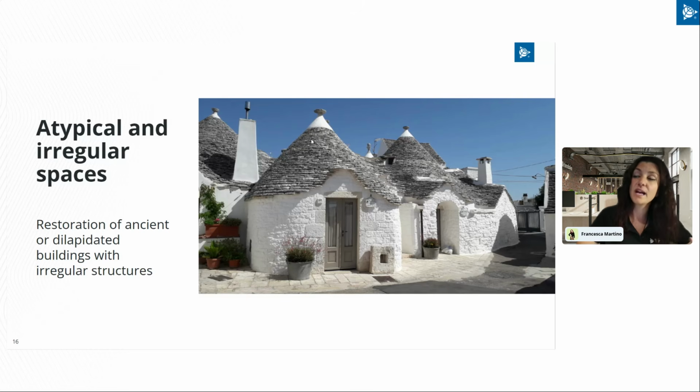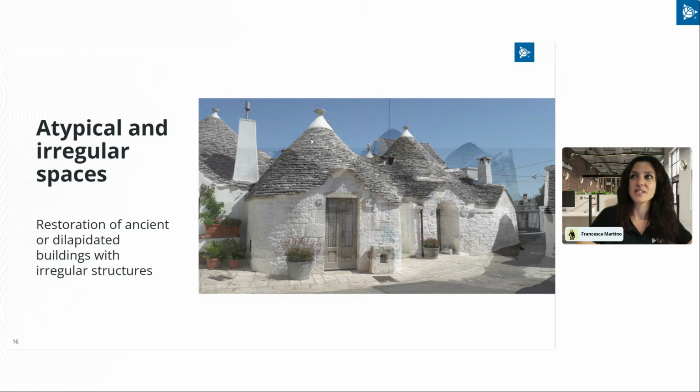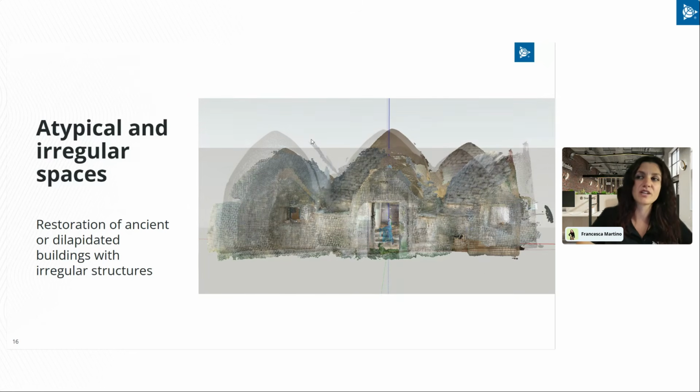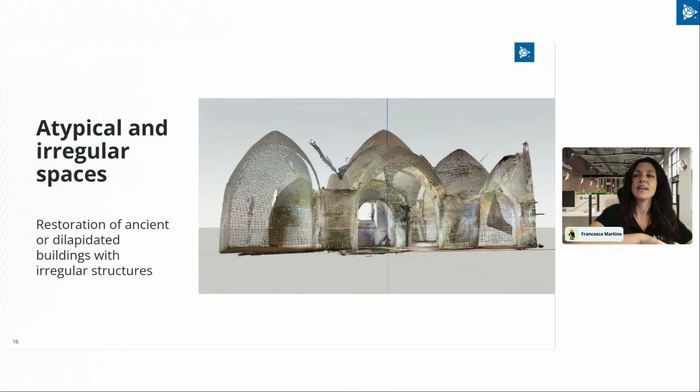They're very beautiful, and nowadays architects actually work on the renovation of them. However, as you can imagine, they're super hard to study because they're very irregular. There's nothing that is straight. Therefore, the use of point clouds could be super handy to have all the different information of each spot of the exterior, but also of the interior.